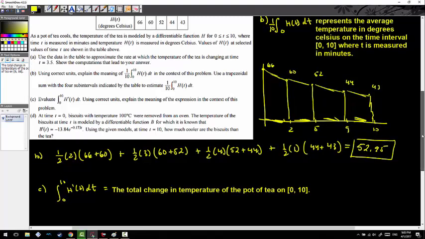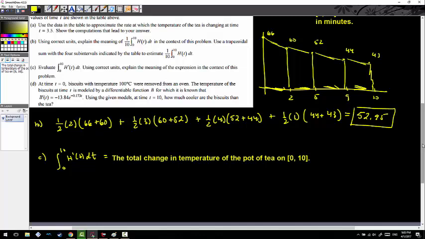So let's see what that actually is. Well, if I integrated from 0 to 10 of h prime, kind of like the particle problem, I'm going to use the fundamental theorem of calculus. I get h of 10 minus h of 0. Do I know those two values?